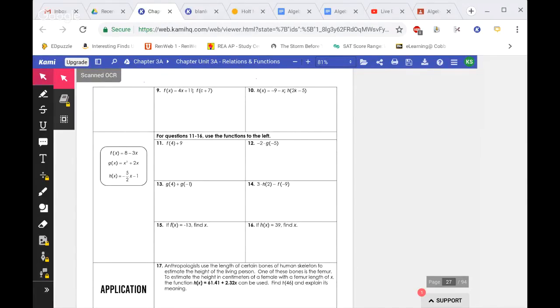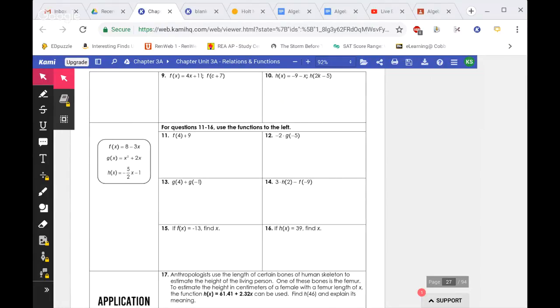So number 9 and 10, those were a little bit different because the point that it's trying to make is that you can actually solve a function for any value, even if it's another variable. So that's what 9 and 10 are covering. I know I did these in class, but I'm going to go ahead and talk about it again.